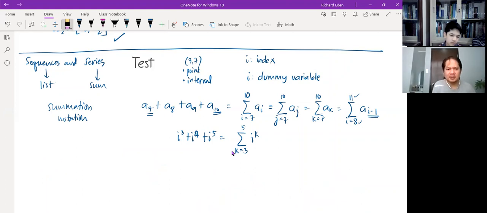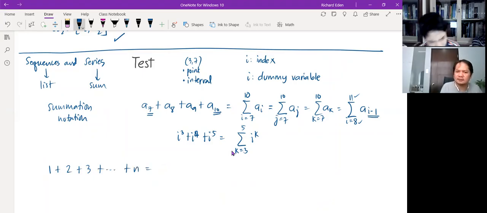So there are, I would imagine, some series that you are familiar with, right? So you are, I suppose, familiar with this 1 plus 2 plus 3 plus ... plus n. Or the n times n plus 1 over 2.